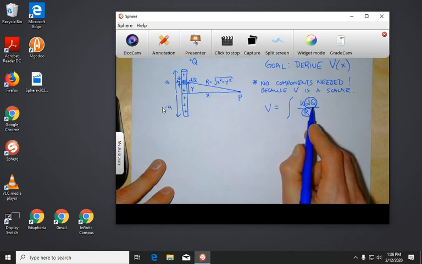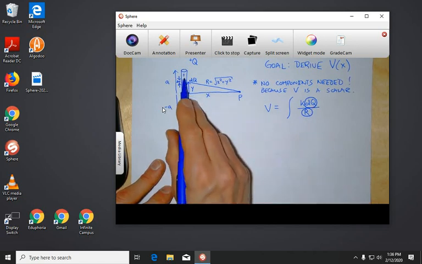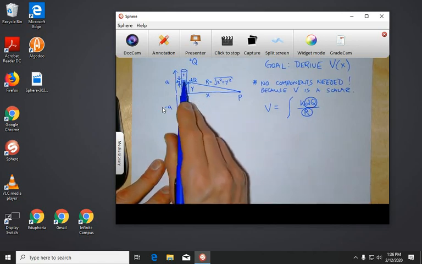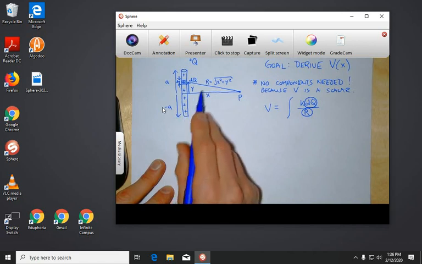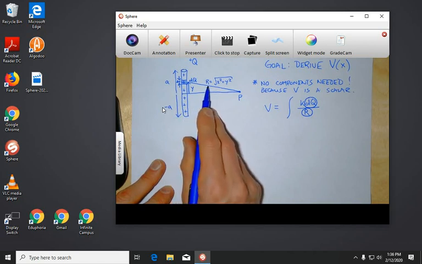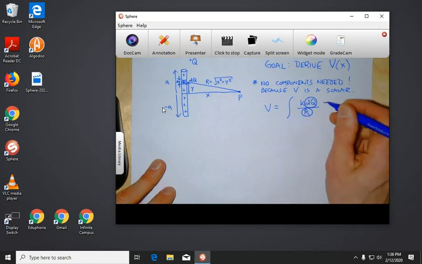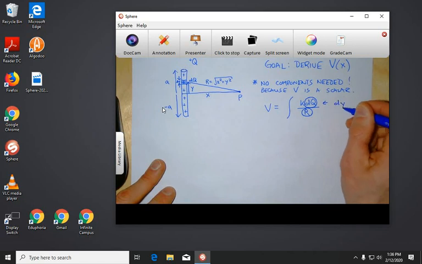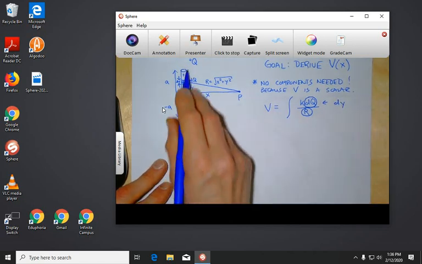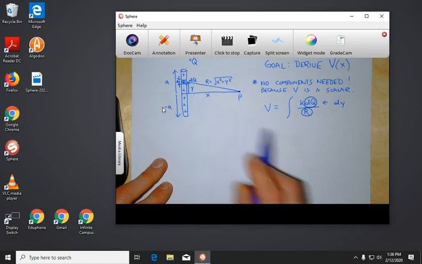The reason is that as you move up and down this line and you pick different dq's, r is going to change. So it's not going to be easy for us to use this variable. What we want is something that has a dy in it. And then we can let that go from negative a to a, and that would be much nicer.